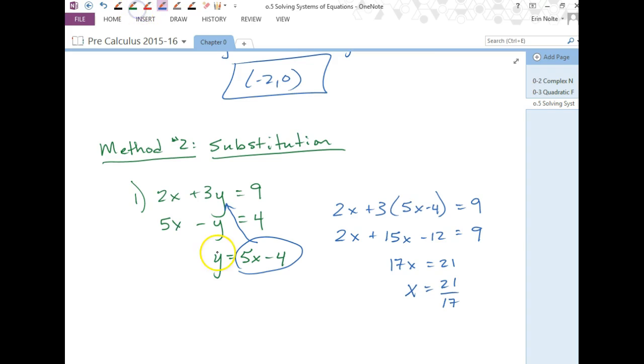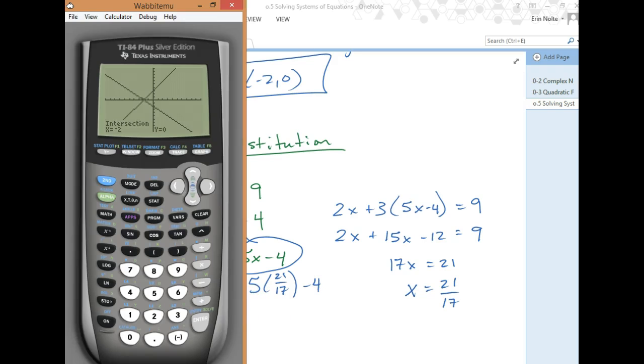Okay, good. Since I have an equation that's already set equal to y, I'm just going to plug it in right here and do 21/17 times 5 minus 4. I'm going to use my fancy calculator. 2.176. Oh my gosh, you're so much faster than me. Well, I just put it in parentheses and divided it.